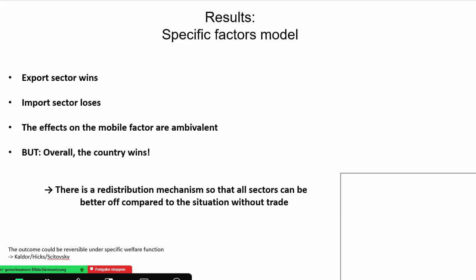Say I have won, measured in euros, 20 euros compared to the situation under autarky. If I give up from this profit of 20, let's say 15, then I still have the 5.